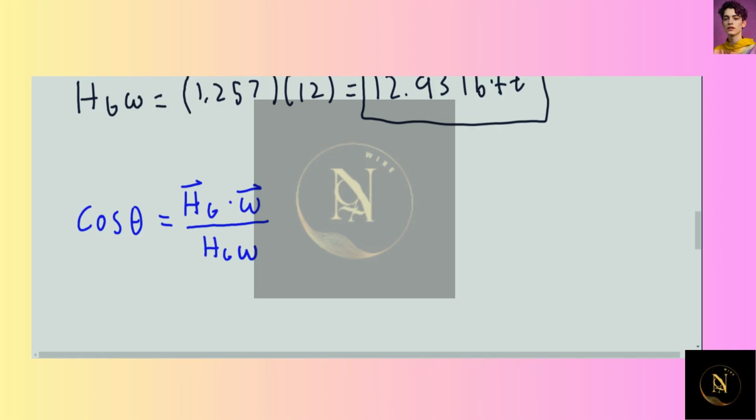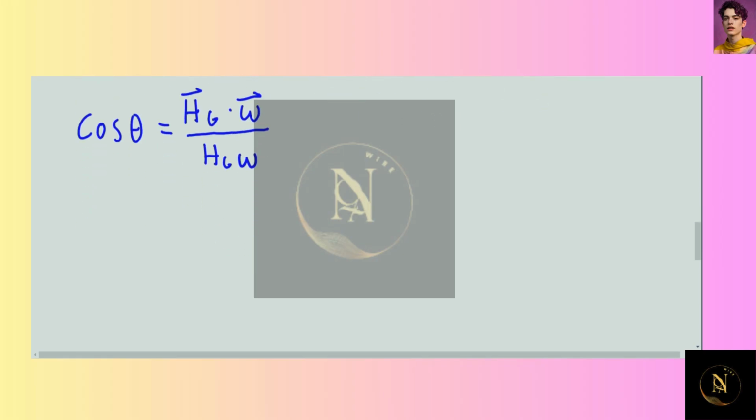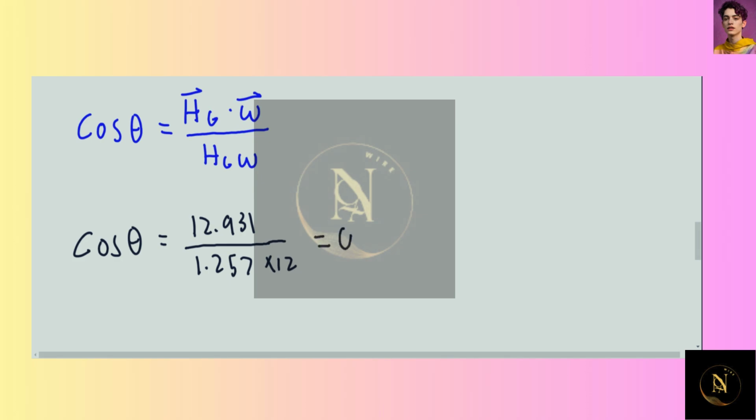So we write cosine of theta is equal to 12.931 divided by 1.257 times 12, which is equal to 0.8571.